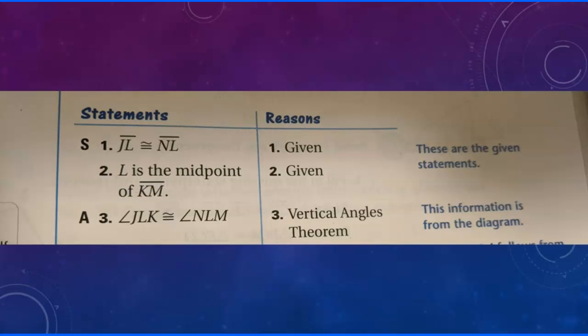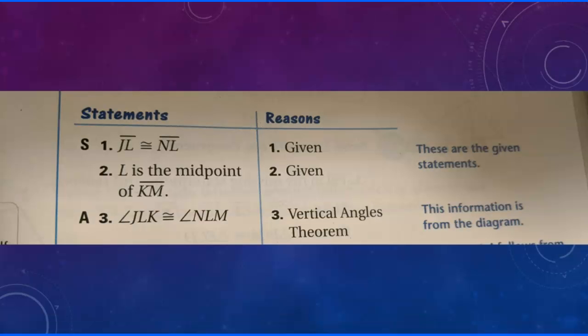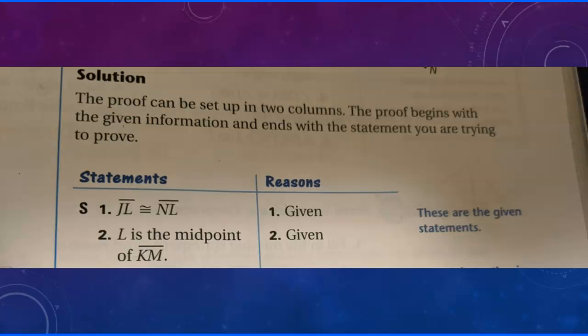Now, they're going to jump right in, and they're going to say that JLK is congruent, and I think it is, to NLM. Okay, let me see, did I miss some steps here?